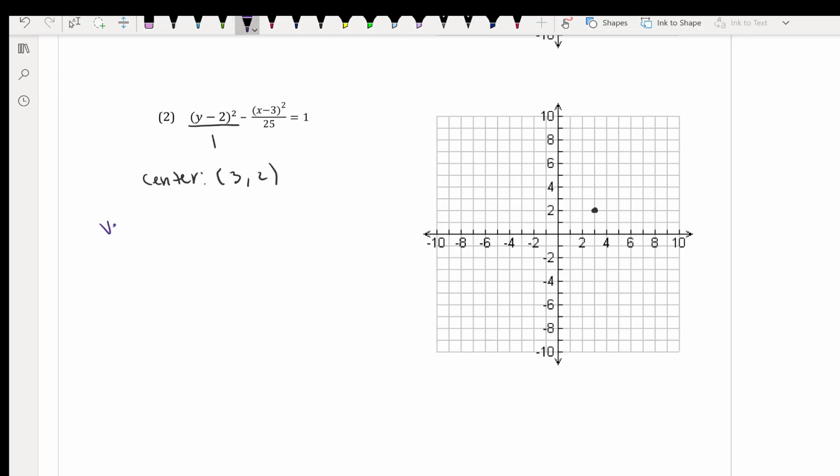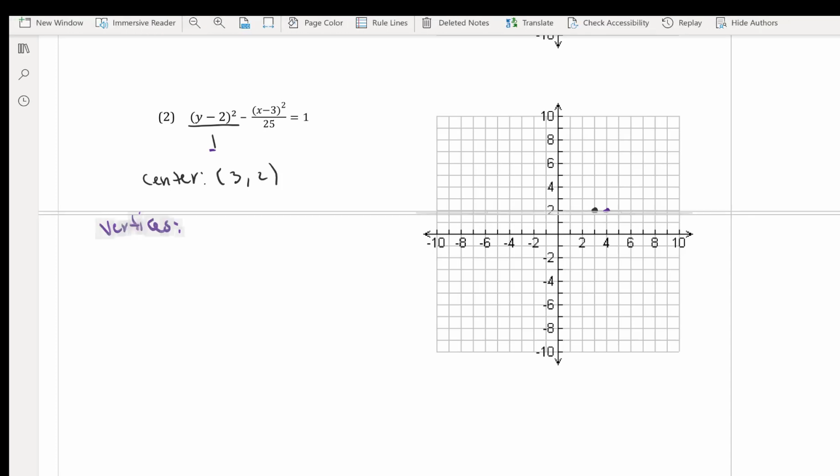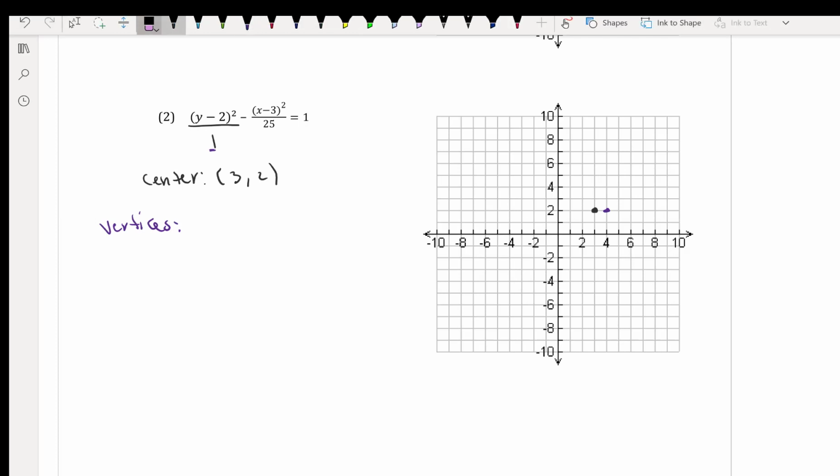So I know that my vertices are going to come from this denominator underneath the y. That denominator is 1. So from that center, I'm going to go over 1 to the right. Sorry, guys. Let me redraw that.